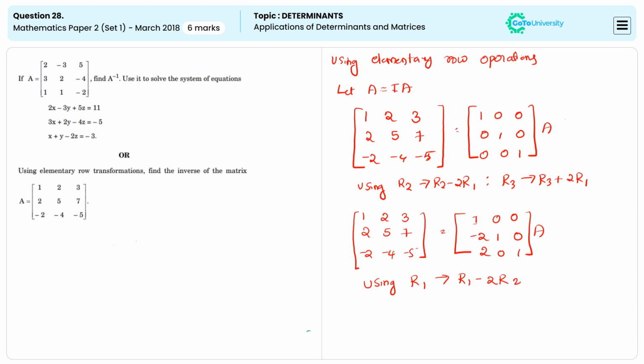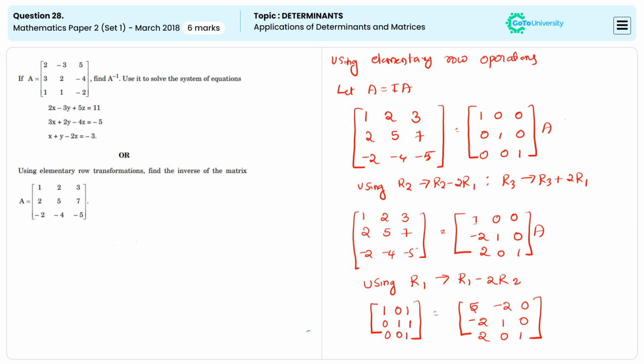So what happens is, the matrix what we have obtained is 1, 0, 1, 0, 1, 1, 0, 0, 1, which will be equal to, now applying the above operations, 5, minus 2, 0, minus 2, 1, 0, and then 2, 0, 1, right? And further, one more time, we have to do the row operations.